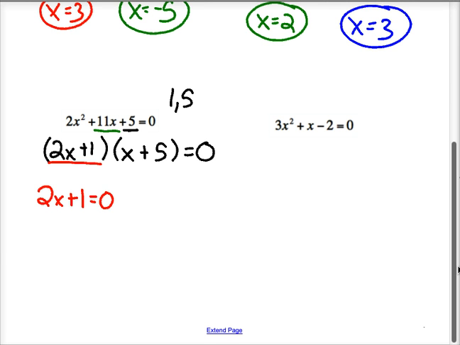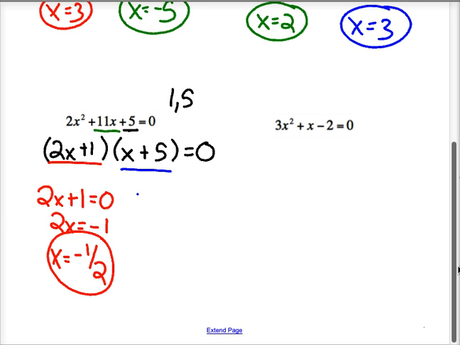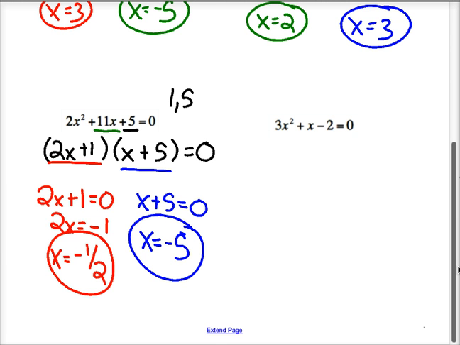Now in this one, there's going to be a little bit of solving to do. I do need to subtract 1 from both sides and then divide by 2. So my first one is negative 1/2. So my second one is that easier case that you're probably even seeing a shortcut for by now. The x of negative 5 would make that second piece equal to 0.